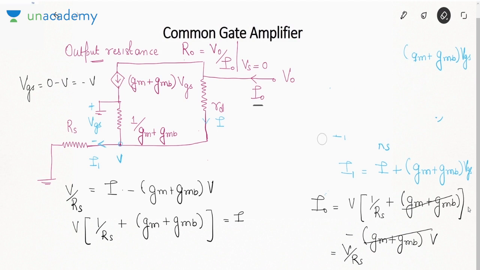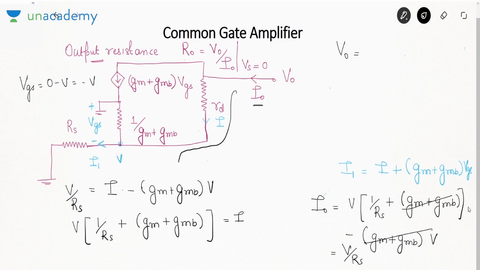So how will you find the value of V0? We have the value of I0, but we want V0 in terms of I0. Now V0 is simply, if you apply KVL like this, V plus I RD. Now I know I in terms of V, so it becomes V plus V times RD by RS plus (Gm plus GmB) V into RD.